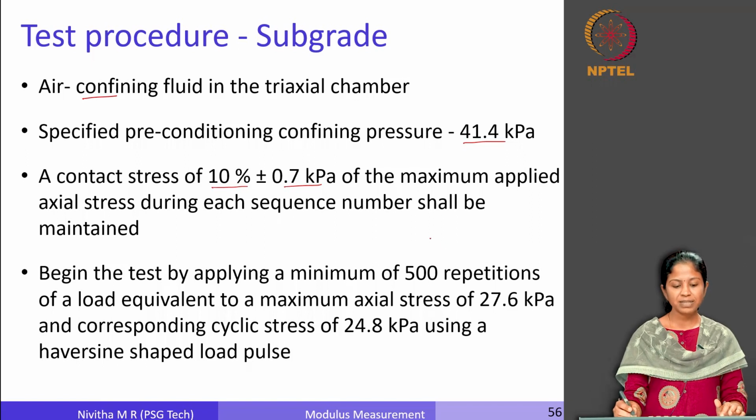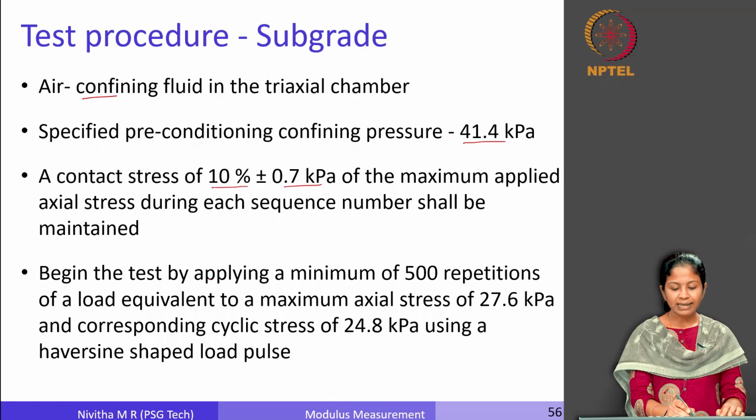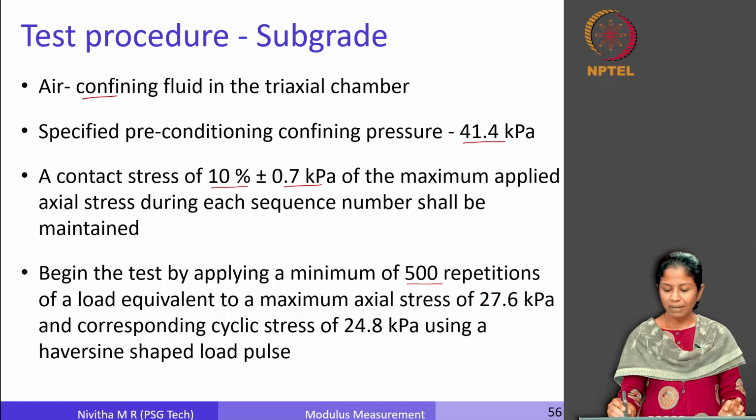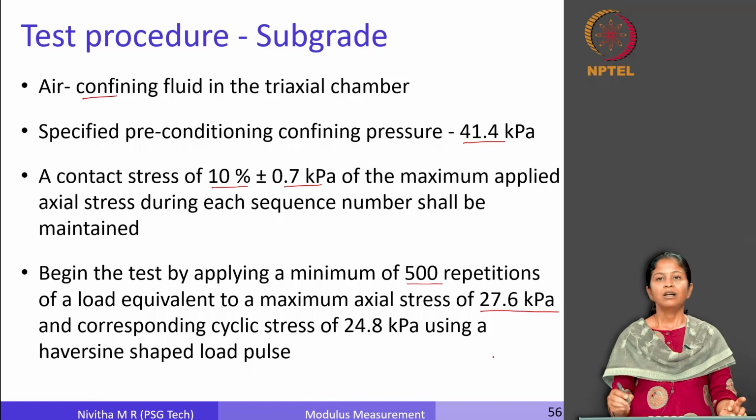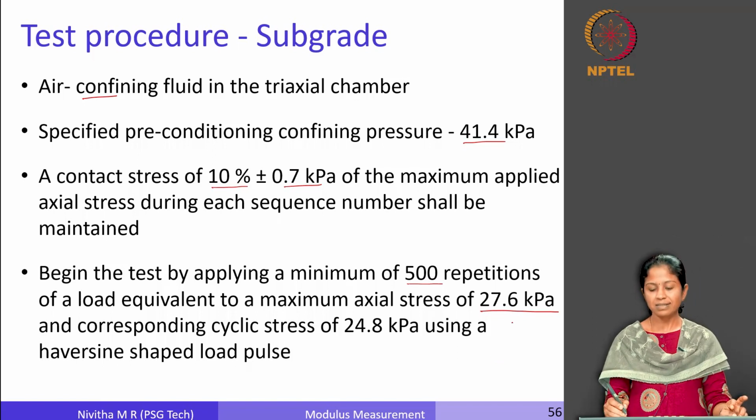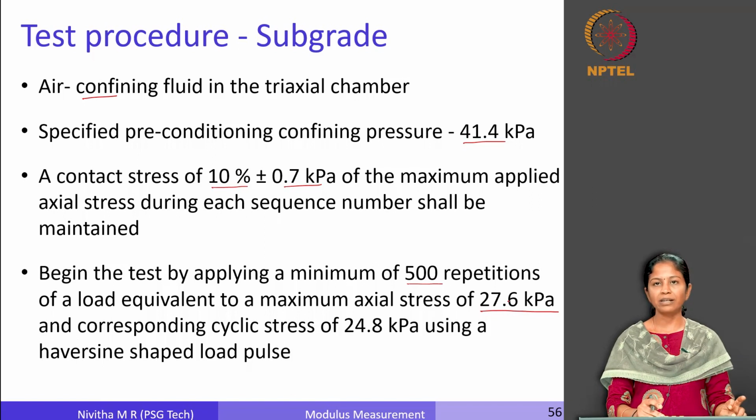For each sequence number, this is 10% of the maximum, and we begin the test by applying a minimum of 500 repetitions of a load equivalent to maximum axial stress of 27.6 kilopascals. Ultimately we should have an axial stress of 27.6 kilopascal. Correspondingly the load is calculated and that is applied for the initial 500 repetitions.